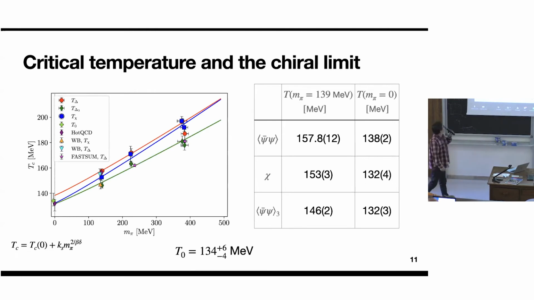First, let's look at the critical temperature and how it scales with the pion mass. Here on this plot, our data correspond to red, blue, and green points, together with the lines which are given by the fits with the O4 universality class and by the corresponding extrapolation.